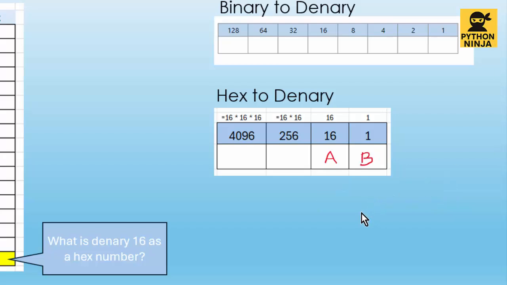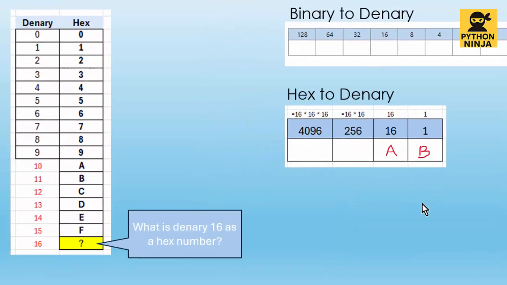Okay, so what about this hexadecimal value? So what is AB as a denary value? Well, we know that A is equivalent to 10, so we take the column heading, so 16 times A, which is 10. Okay, so that's 160 plus, well, if we know that A is 10, we know that B must be 11.